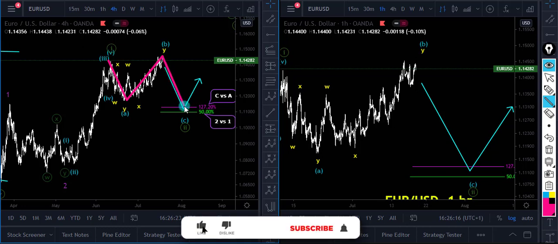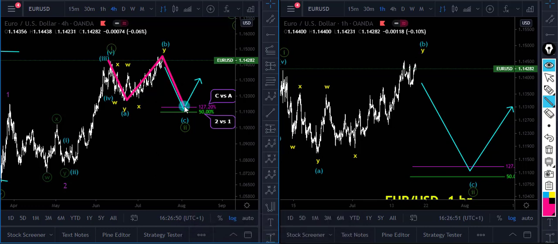As the dollar index is strengthening, we are anticipating seeing the same for Euro USD because there is a correlation between them. So as the dollar index is strengthening, we are anticipating a downward move on Euro USD to give us blue wave C of green wave 2 before the trend resumes.